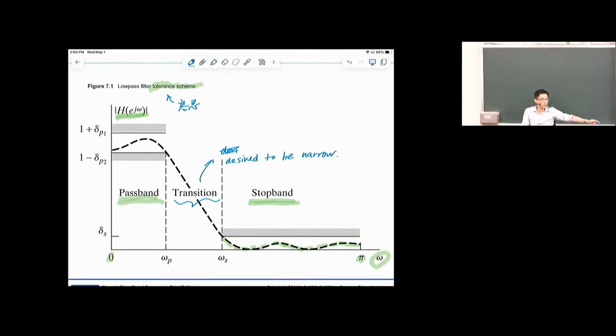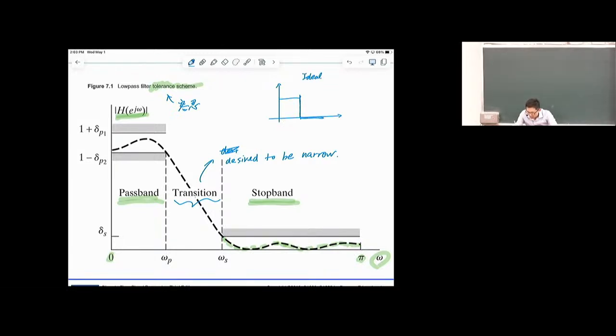Okay, in contrast, when we talk about an ideal low-pass filter, the transition is infinitely sharp. Passband directly to stop band. That's an ideal filter.